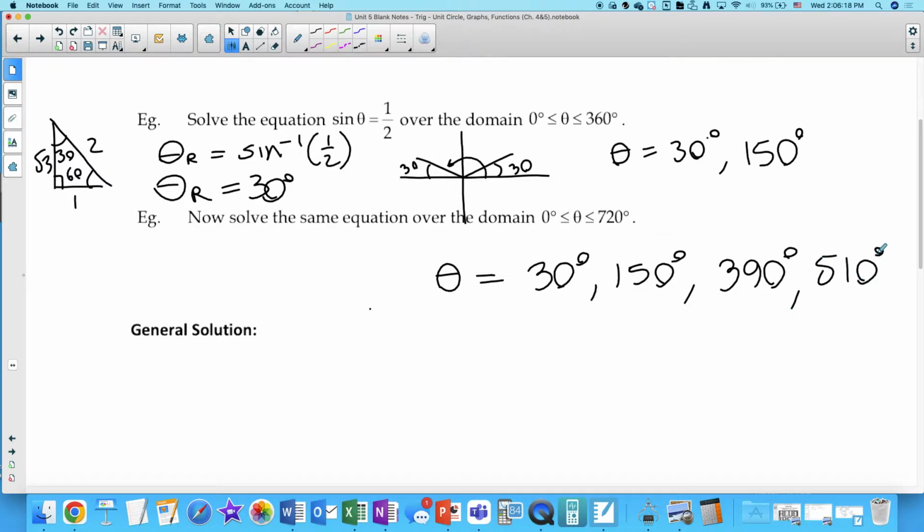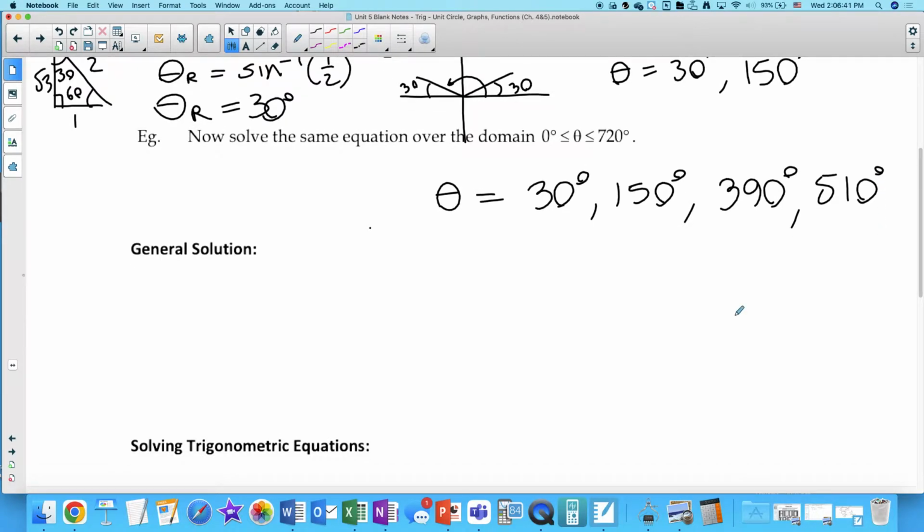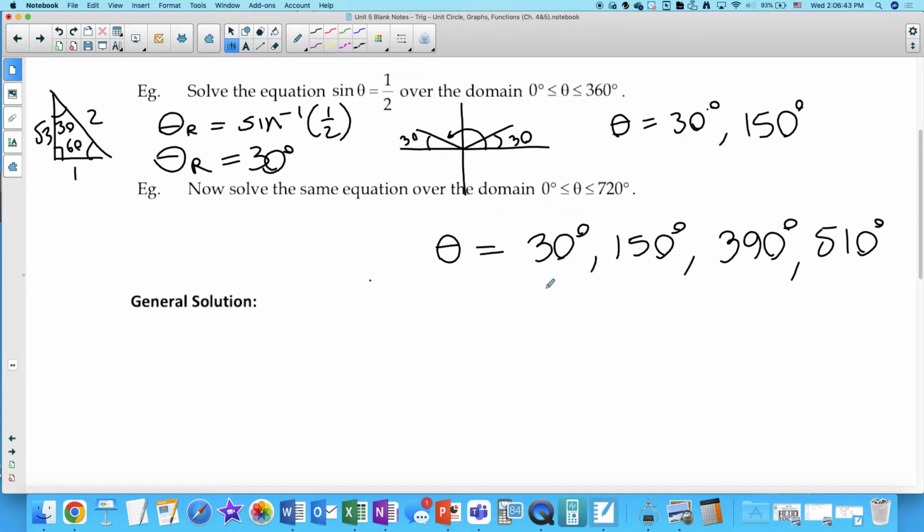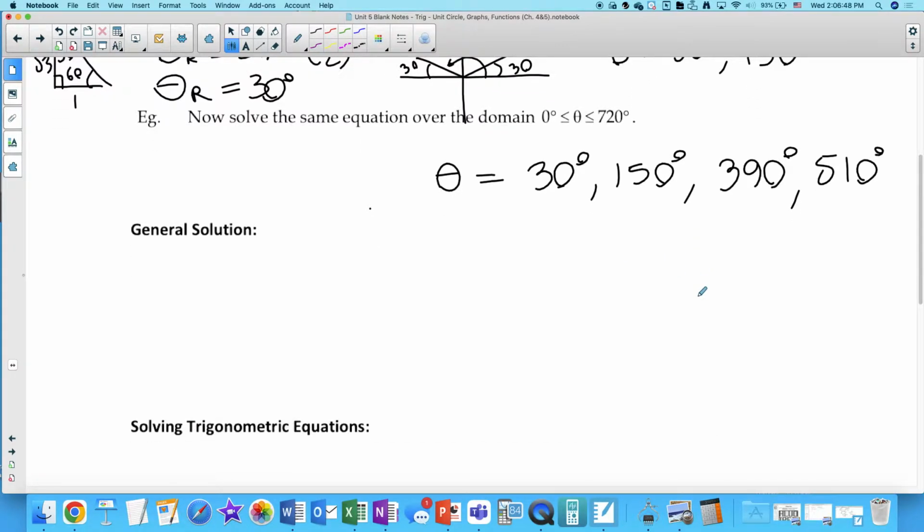Okay, now the general solution is usually given by using the principal angle and then plus or minus 360 degrees times n. So we can add multiples of 360 or subtract, or if it's in radians, you'd add multiples of 2 pi. So in this case, because we're solving in degrees, now keep in mind, these two are different answers. So there are going to be two different general solutions. One of them is all the angles that are coterminal to 30 degrees.